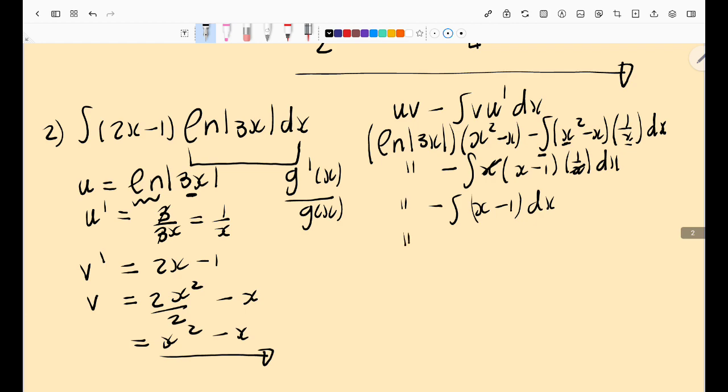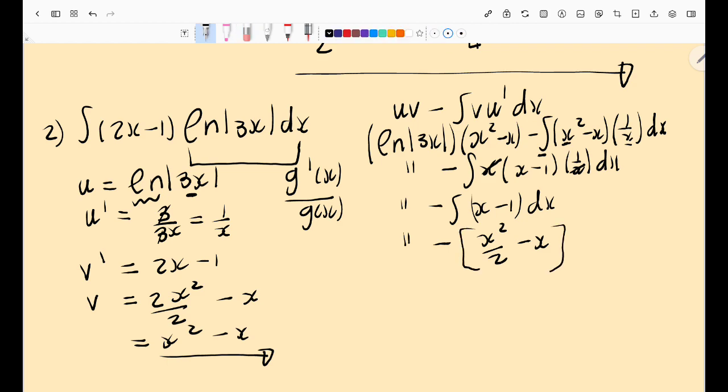This is still going to follow as it is. If I integrate the x, it's going to be x squared over 2 minus x. Sorry, when I integrate, I need to let go of the integral sign, right? And this is in 1 bracket.